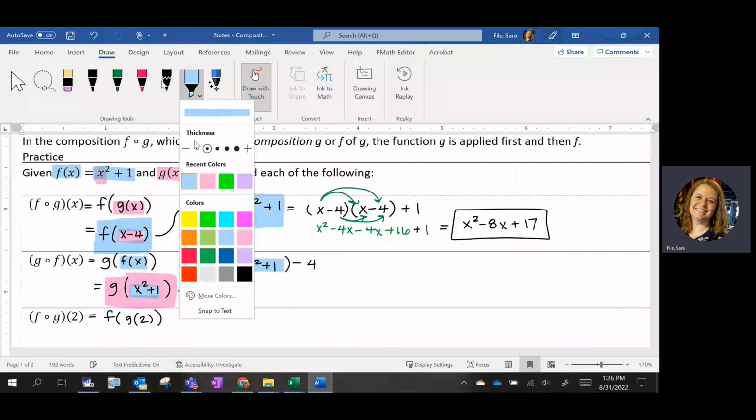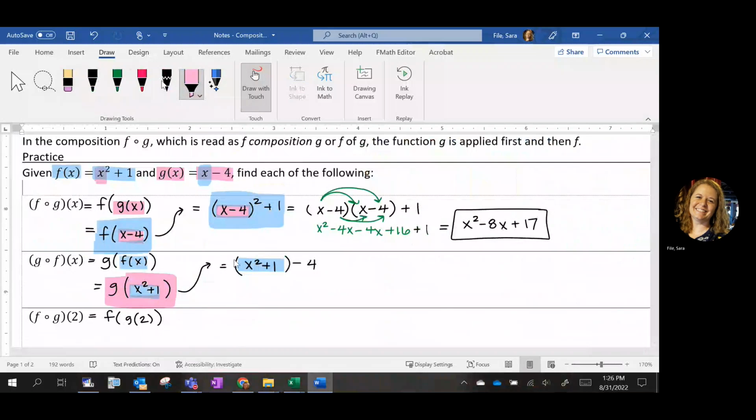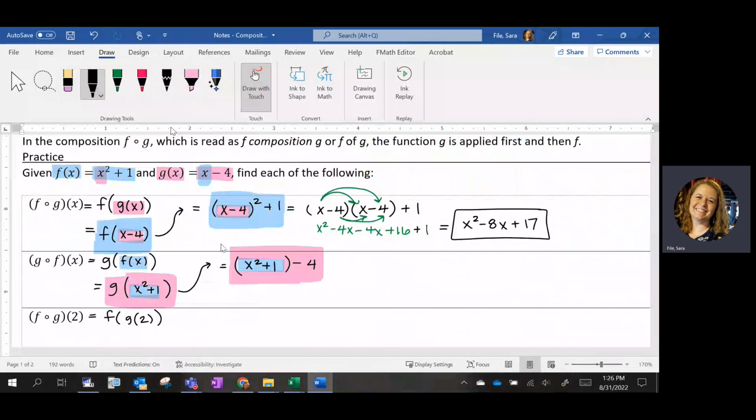The blue this time is the inner, and the pink is the outer. So, reverse of the previous one. This one's a little easier to simplify. There's nothing to do in parentheses, so they can be dropped. Then you can combine your plus 1 and your minus 4. So that comes out to x squared minus 3.